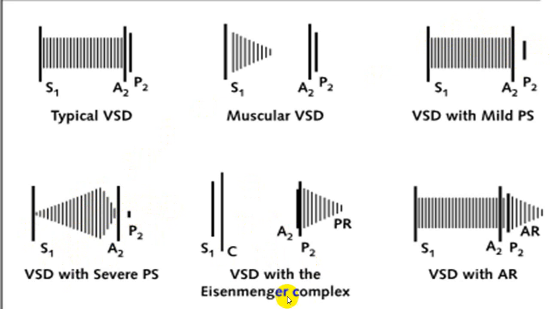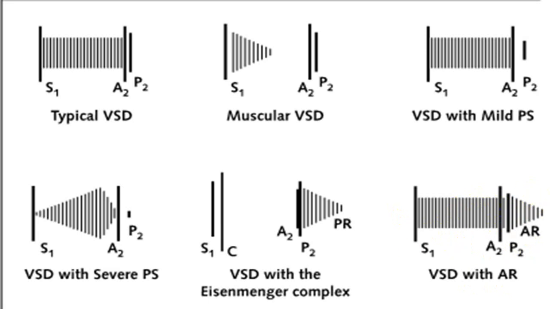While in VSD with Eisenmenger, now the shunt has stopped. Because the shunt has stopped, there will be increased blood flow across the pulmonary valve, producing what we call an early diastolic murmur because of PR, pulmonary regurgitation. And whenever there is a VSD with AR, you will have an early diastolic murmur at the aortic valve.